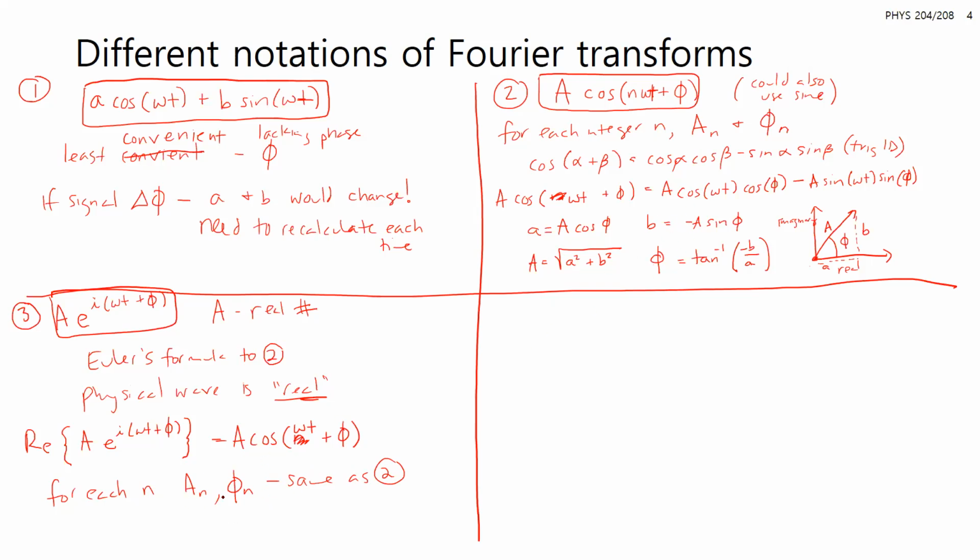The phi is the same in part 3. So they're equivalent. But the benefit, like we discussed in last lecture with using Euler's, is that exponents can be easier to handle mathematically.